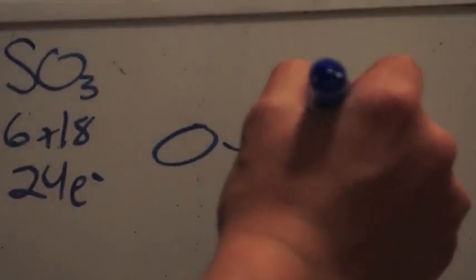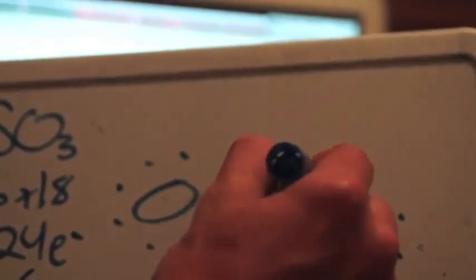Resonance structures is when one or more Lewis dot diagrams can be drawn. With SO3, you have 1 S and 3 O's. And you have 2, 4, 6, so you take 24, subtract 6, and you have 18. So then you draw the 18 around the O's, and now all of the oxygens are happy, but your sulfur is not. So you need to change one of the oxygens to a double bond.